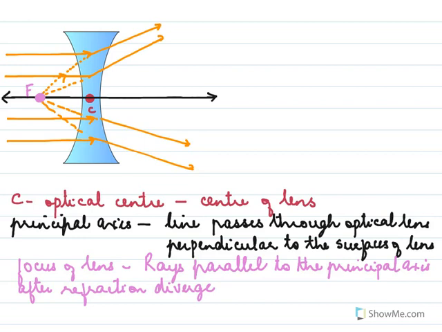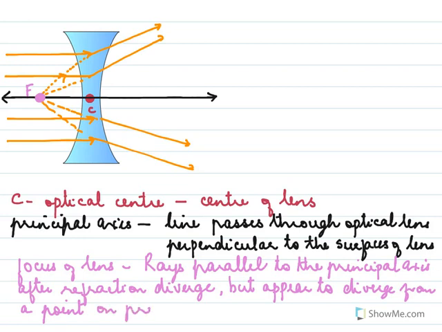See, they move away from one another but appear to diverge from a point on the principal axis. And this point is called the focus of the lens.